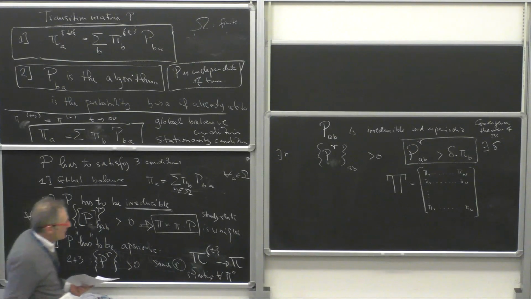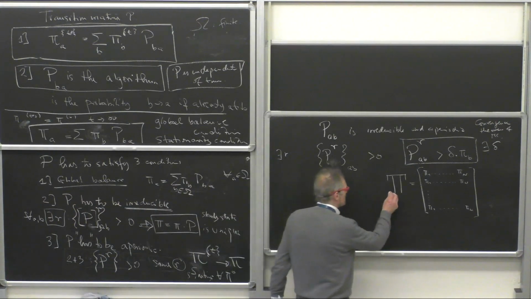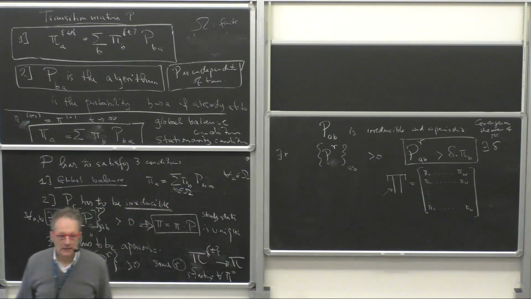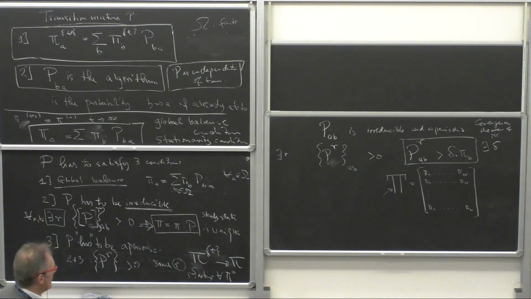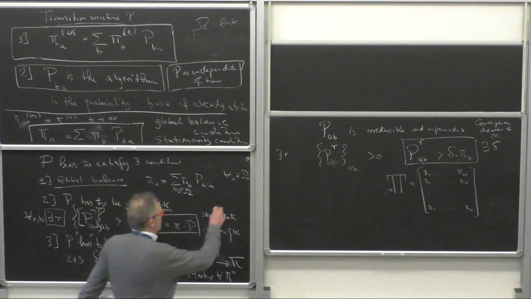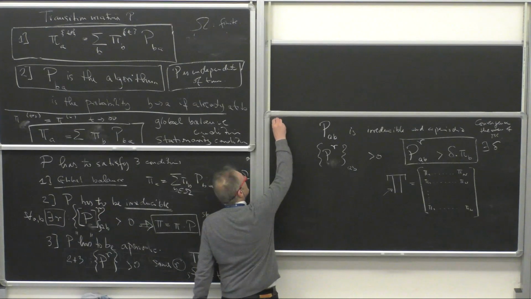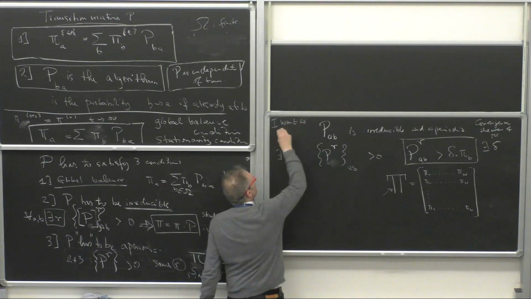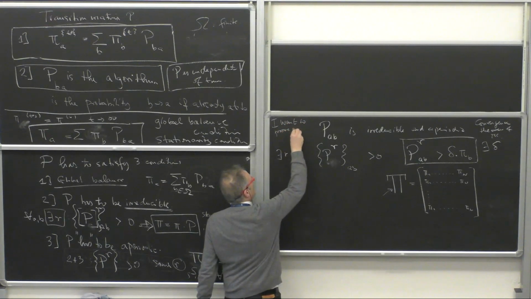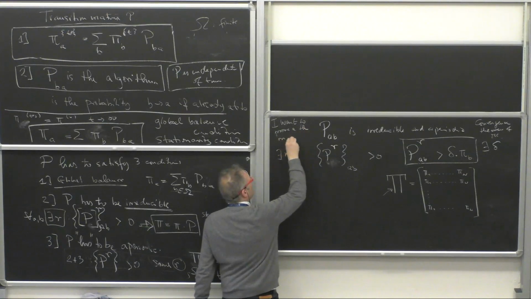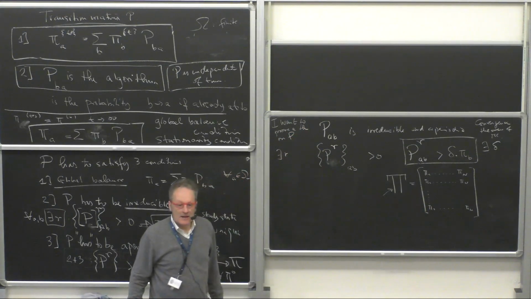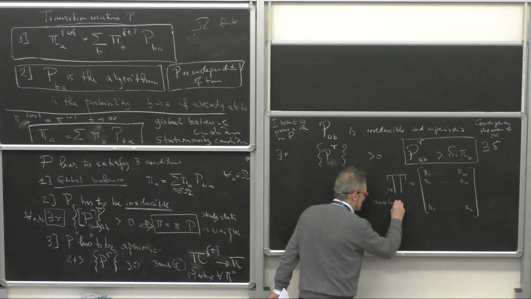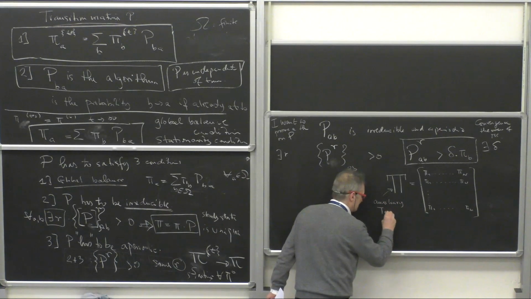Okay, so now what is this transition matrix? So there is a transition matrix P, and I want to prove a theorem on P. Now this is an auxiliary transition matrix.